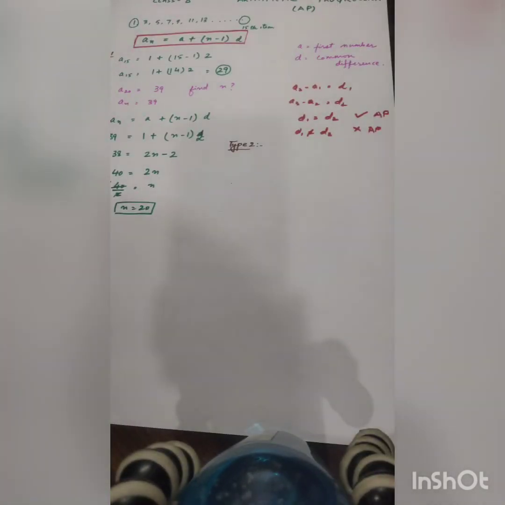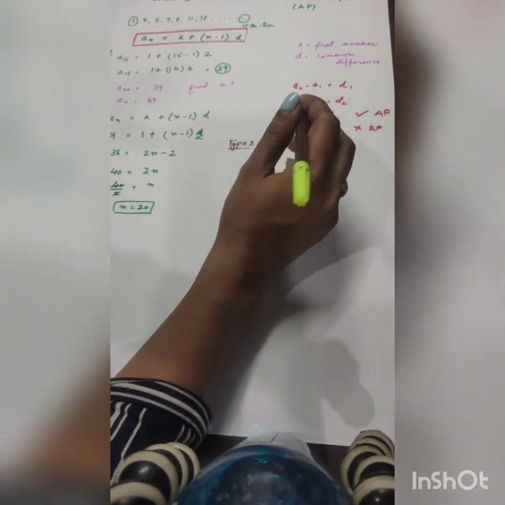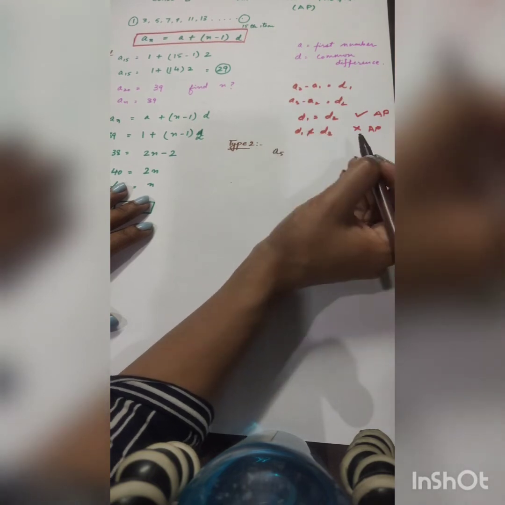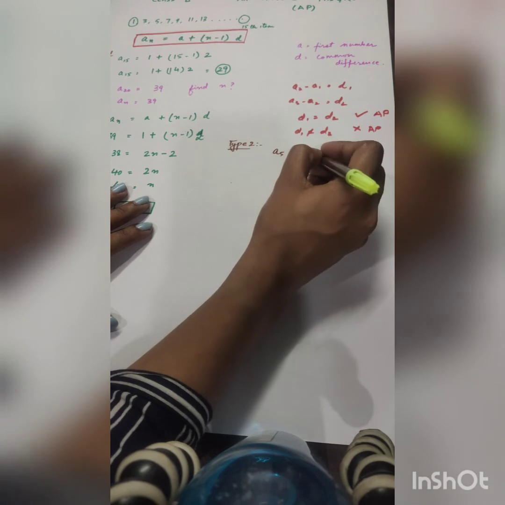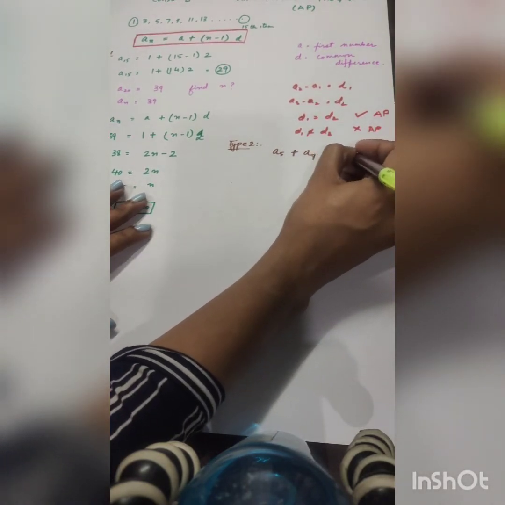For example, we can take that the first number is given, like it says the sum of the fifth number, that is A5, and the ninth number, that is A9, of an AP is 30. It's just a question.